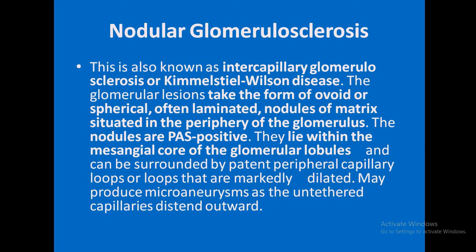They lie within the mesangial core of the glomerular lobules, and all the glomeruli may not be affected. They can be surrounded by patent peripheral capillary loops or loops that are markedly dilated, and they may produce microaneurysms as the untethered capillaries distend outward due to the increased pressure.